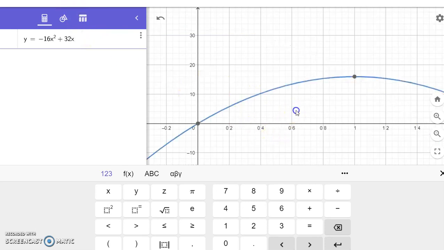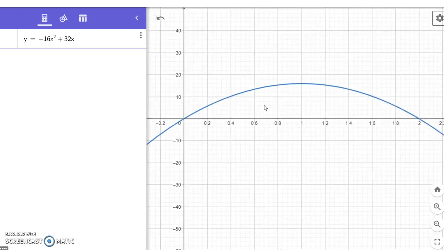There we go. So there is our rocket. It's shot, and this is time. At 1 second it's going to be at its peak, and then after 1 second it's going to come down.